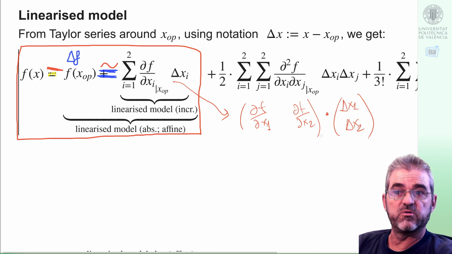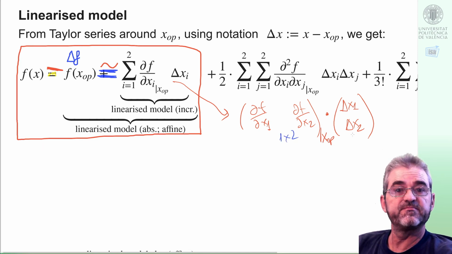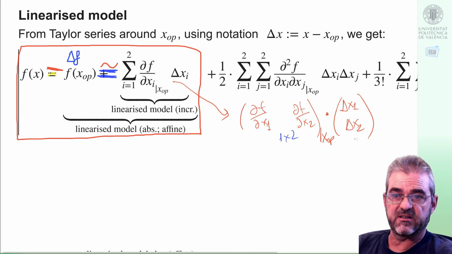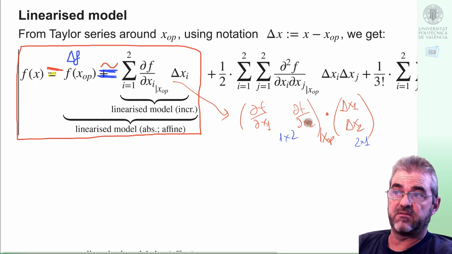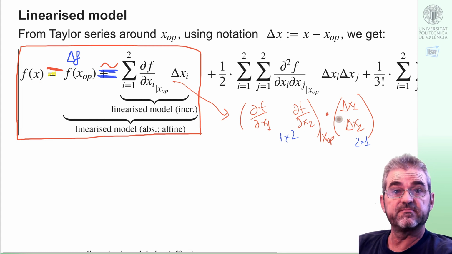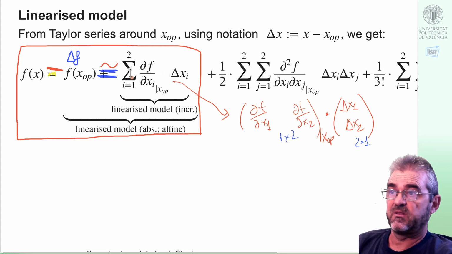Of course, I needed to evaluate them at the operating point, but this is a 1 times 2 row vector. This is a 2 times 1 column vector, so I get a 1 by 1 scalar because f is a number. Everything agrees, and this is a convenient way of representing this first summation.